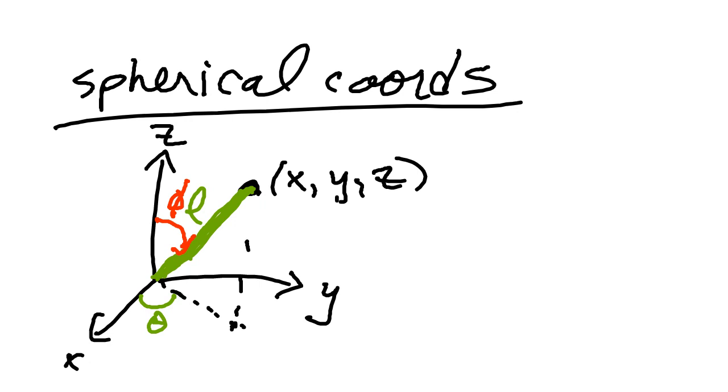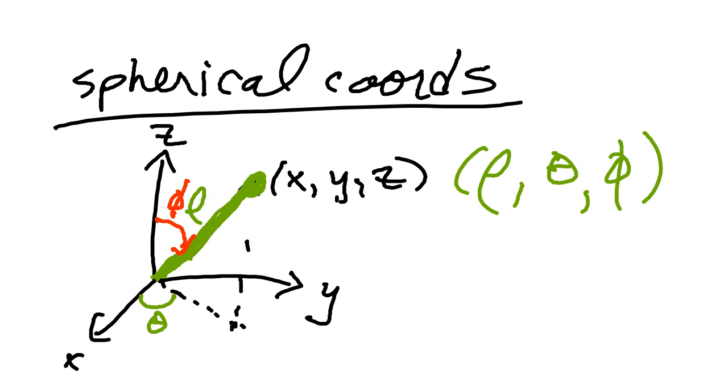This is rectangular, but in spherical coordinates, let me go back to green. We're going to call this point rho, which is the distance from the origin, theta, which is the angle from the positive x-axis toward the y-axis, and then phi, which is the angle from the positive z-axis toward the table surface, so to speak.